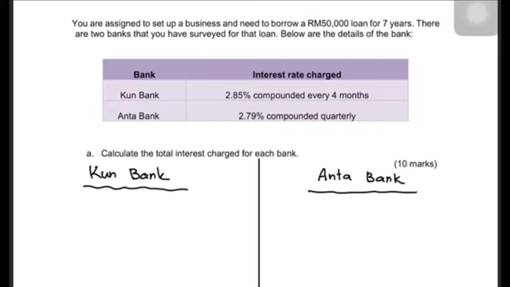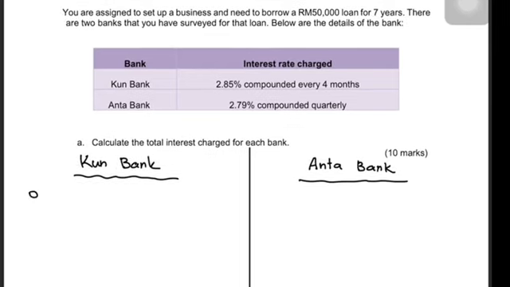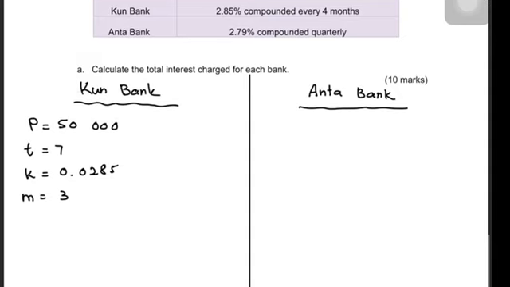Hello guys, so let's get started with question number 1. As you can see, we need to borrow a 50,000 loan, which is going to be our P, for 7 years, which is going to be our T. Okay, so we look at Kun Bank. The P is 50,000, which is our loan, the T is 7 years, and the K is our interest, 0.0285, and the M, compounded every 4 months, is 3.